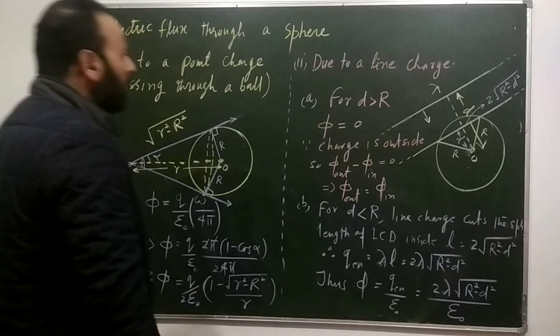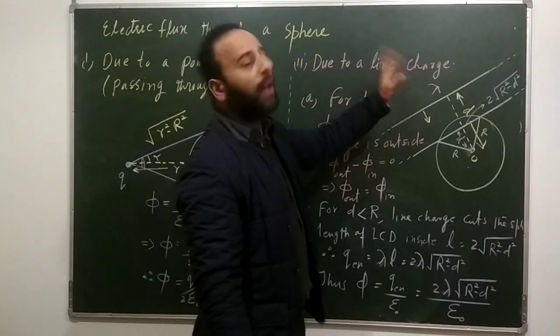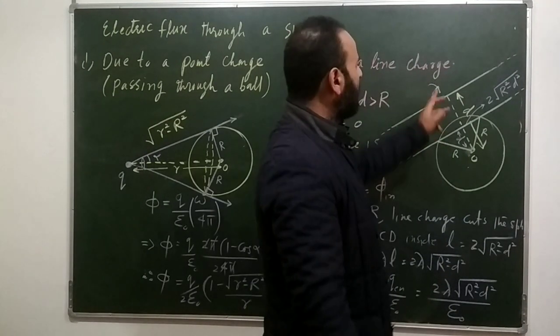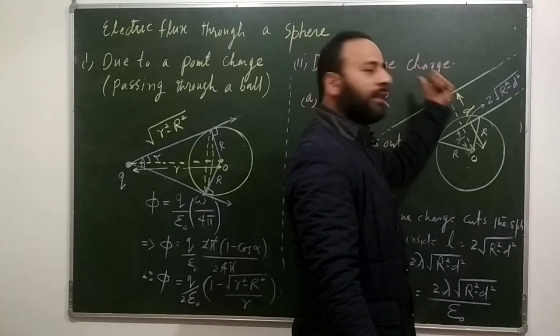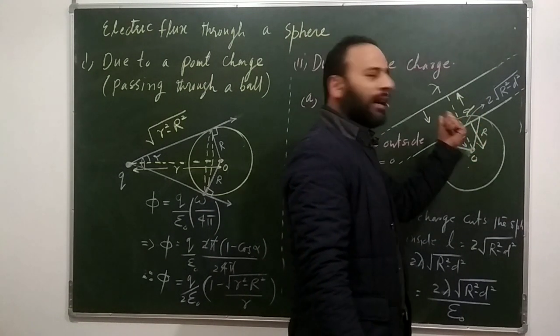Now we have another case: what is the electric flux through the sphere due to a line charge? Here again I have taken two cases: the line charge is outside the sphere, and the line charge is inside the sphere.